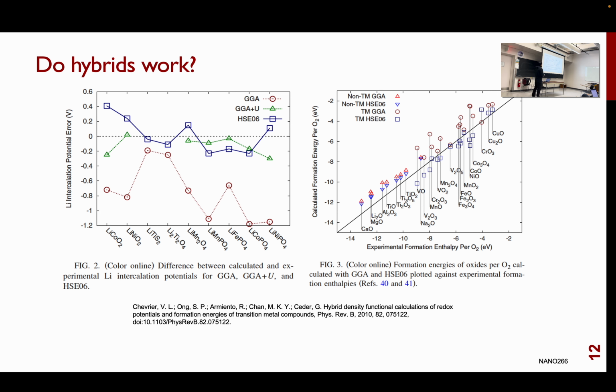Okay, so for example, there's this work that was done by Chevrier, and essentially he looked at the lithium intercalation potential of different lithium-ion battery cathode materials, and he calculated them using your GGA functional, your GGA plus U functional, and your HSE functional.